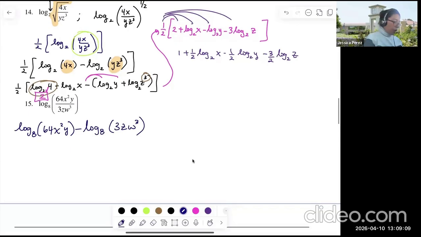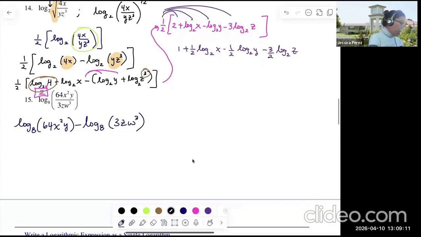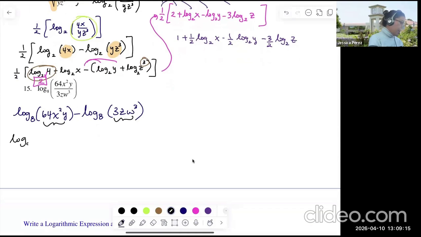Right? We split it apart. Now we emphasize on the product rule. So we have log base 8 of 64 plus log base 8 of x squared plus log base 8 of y. That's the first part.